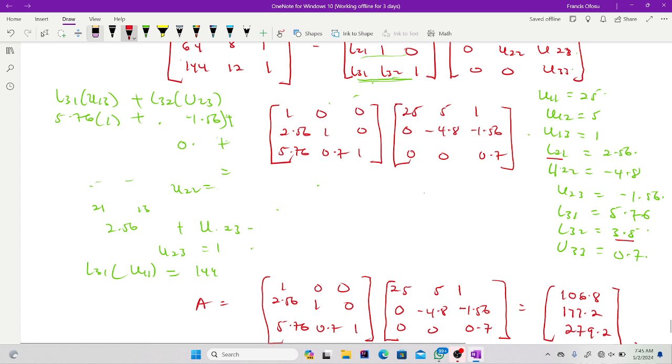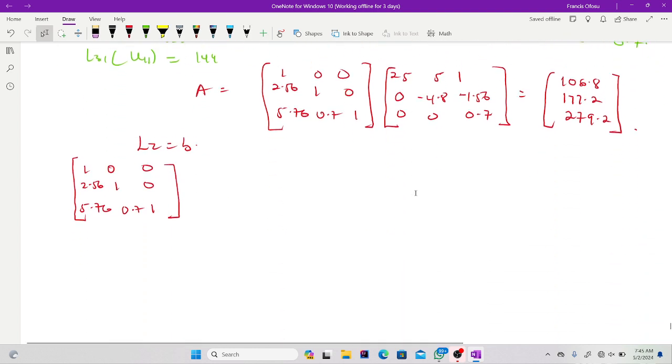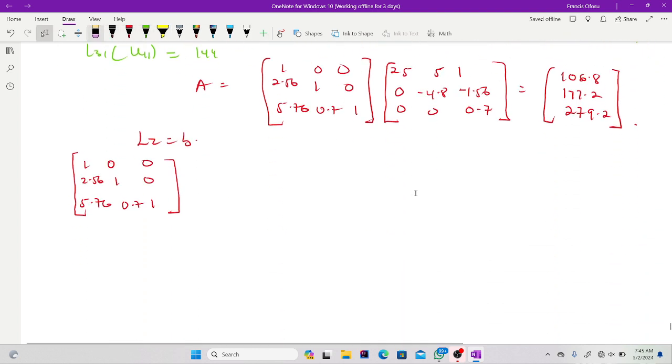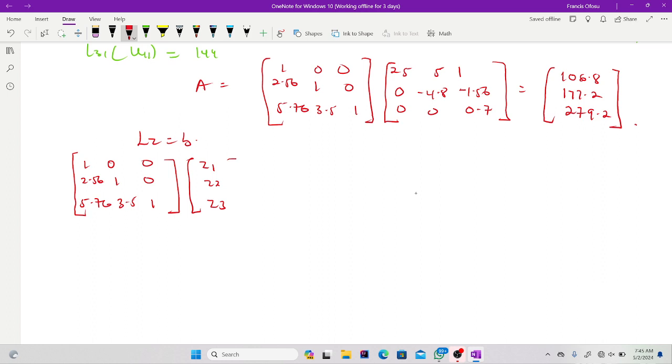So here is 3.5. Sorry. So I get 3.5 here. Then I will just change this side to this 3.5. So I'll have a change here as well. So L, then the Z has entries Z1, Z2, Z3. It's equal to my B. What's the B?